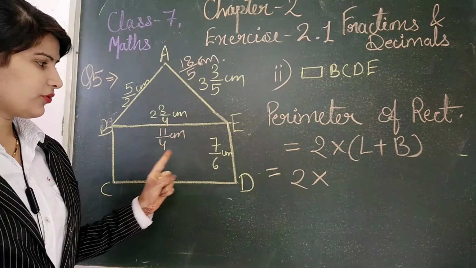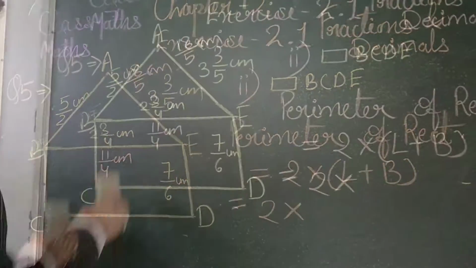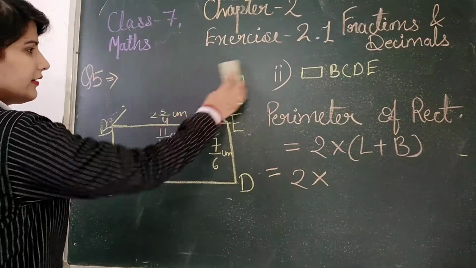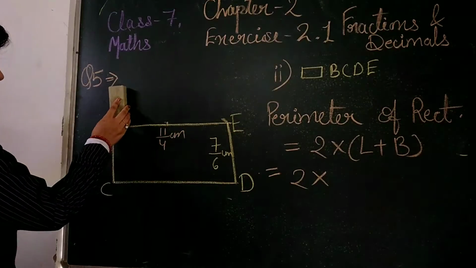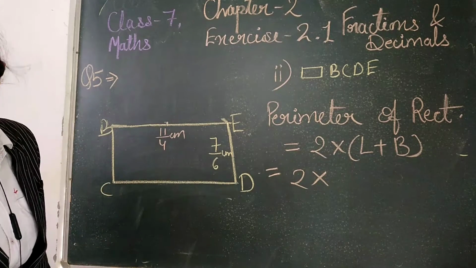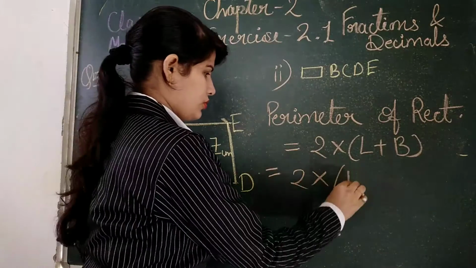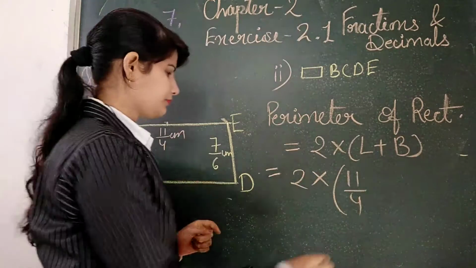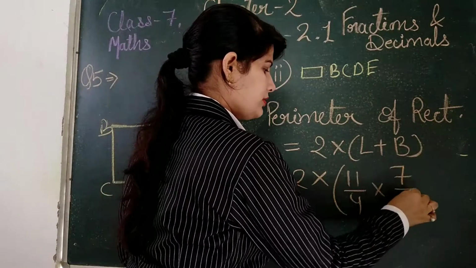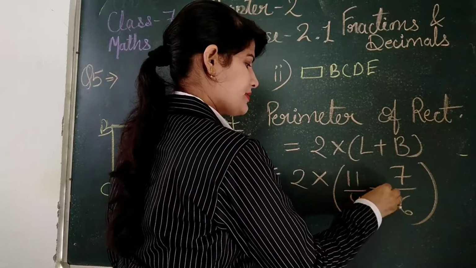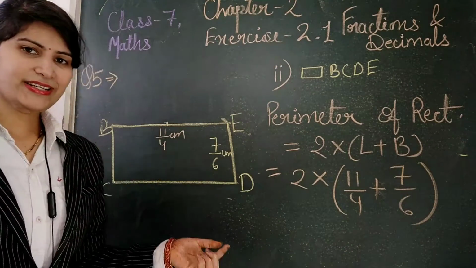So 11/4 and 7/6. Forget the triangle now, I am focused on the rectangle. So 2 into 11/4 plus 7/6.